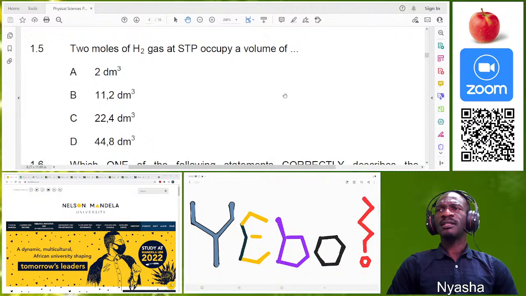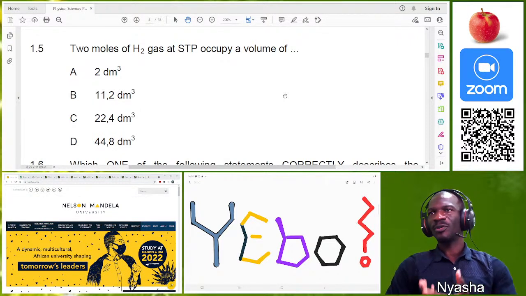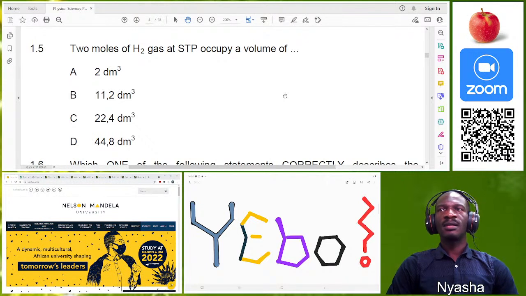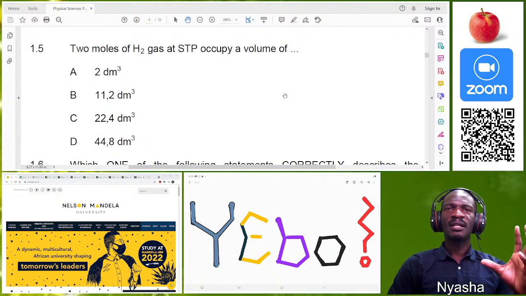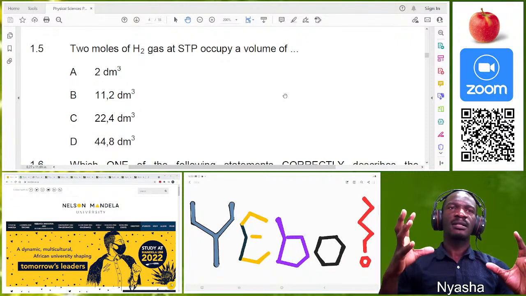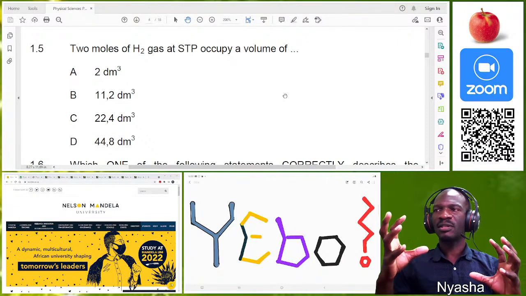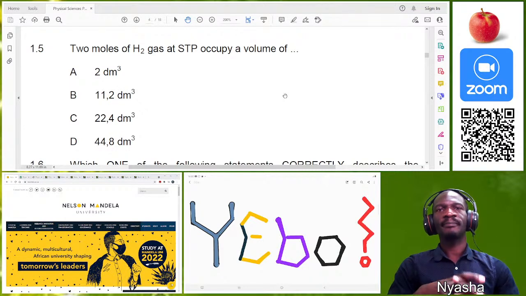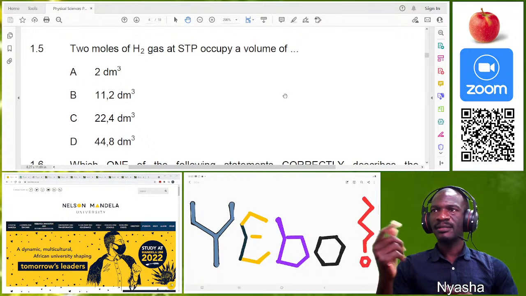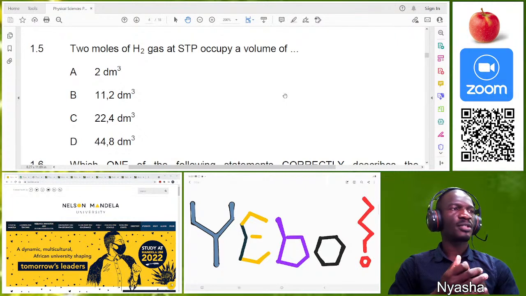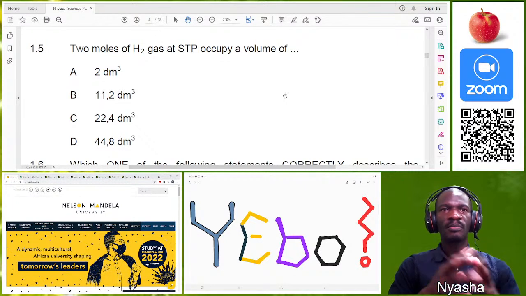The moment you see STP, what do you think? What comes to your mind? There are some parameters to think about there. Those parameters are useful for you to determine this volume. This means the standard temperature and pressure parameters need to be combined with the volume in some equation in order for you to calculate the volume that is occupied by the 2 moles of hydrogen gas.